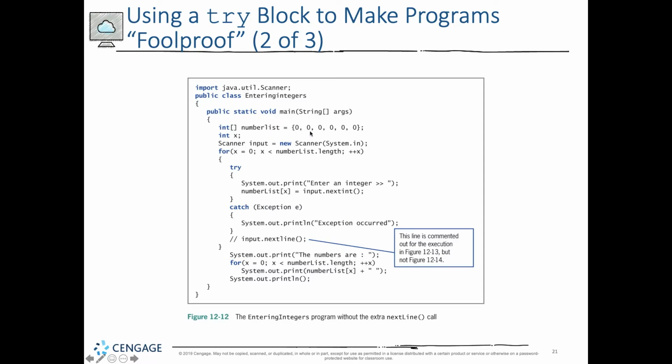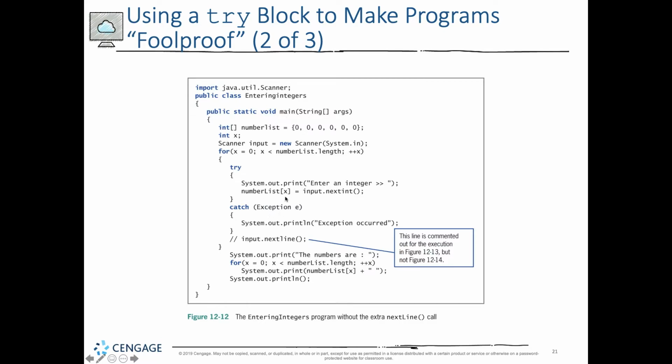They have a number list. They have their scanner, and they're saying for x is 0, x is less than the length of this array, plus x. Then they're saying we're going to do a try catch. System, enter an integer. We enter the number. If the number you enter is not going to match the number list, what do you think would happen?